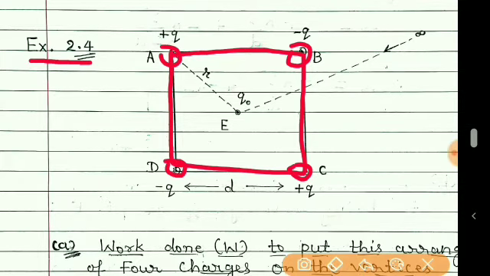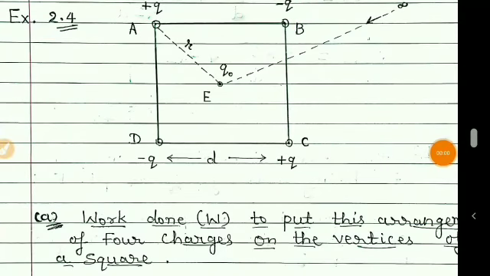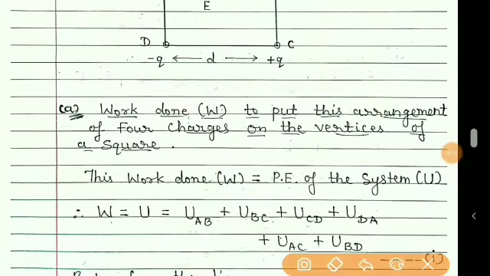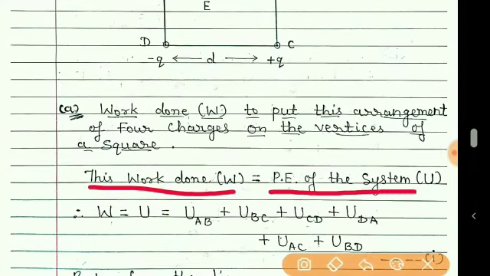Now in the first part, that is A, we need to find the potential energy of the system of these four charged particles. So the potential energy and the work done are the same, because the work done gets stored in the form of potential energy, and so W is equal to U.